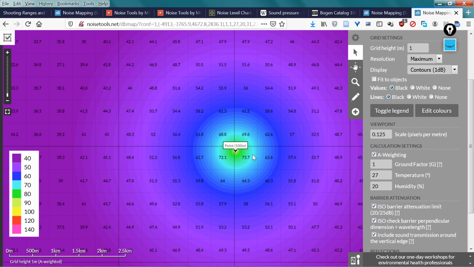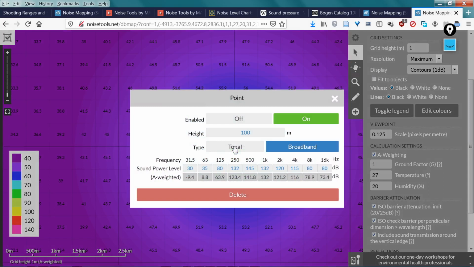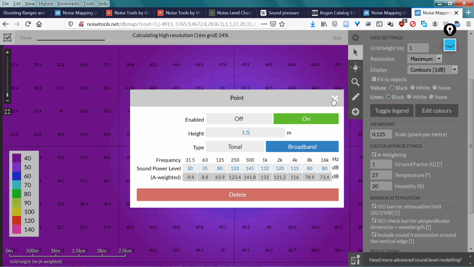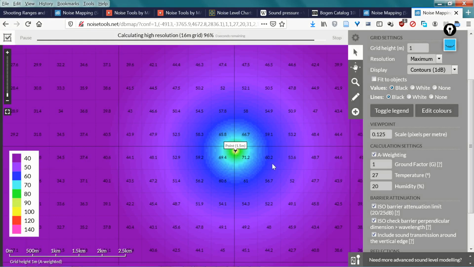If we were to change that to the ground level, and that's for an absorptive ground with A weighting, if we changed the shooter to be at 1.5 meters, how far would it take to get us a 10 decibel change? Much further, or not as far actually.